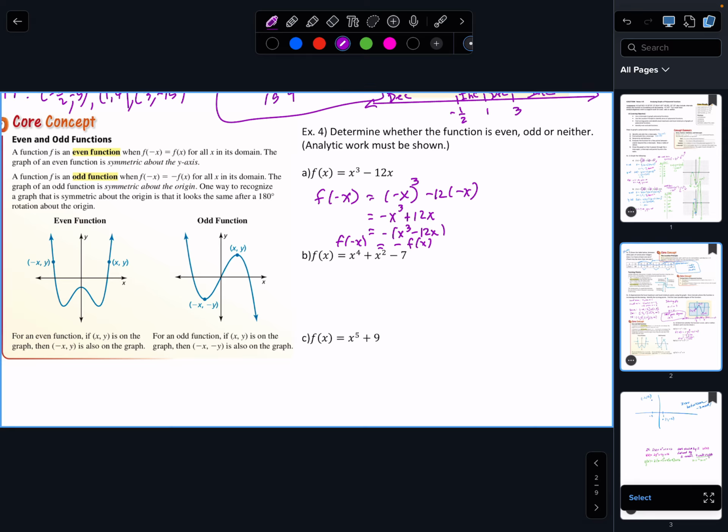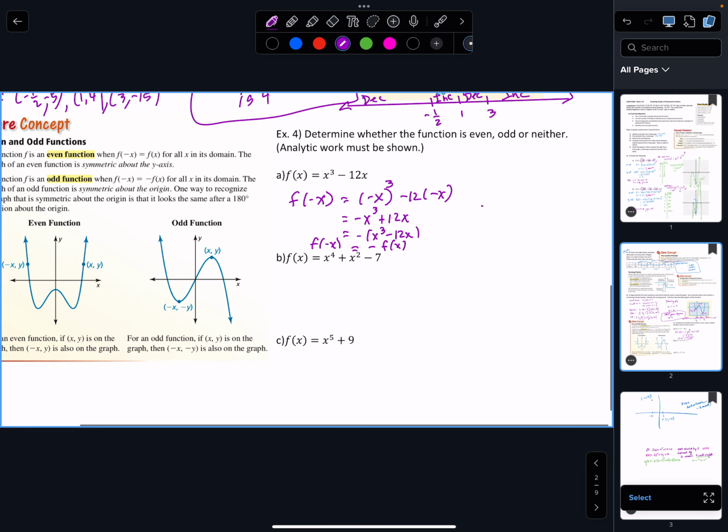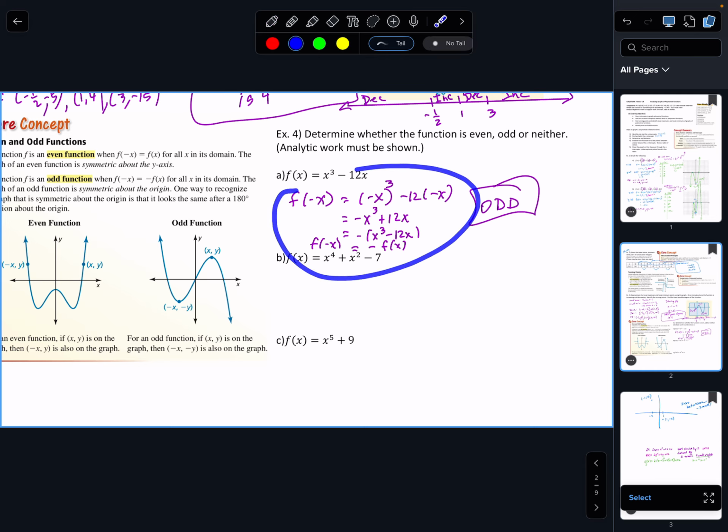You started with x cubed minus 12x, all the signs have changed, you have the opposite of it. And when you have the opposite, every sign changes, that is an odd function. Therefore, this is odd. This is the algebraic work you need to show. Use your notes to help you see that.